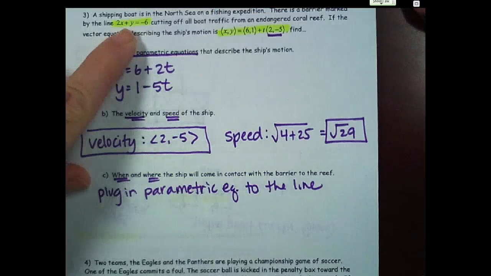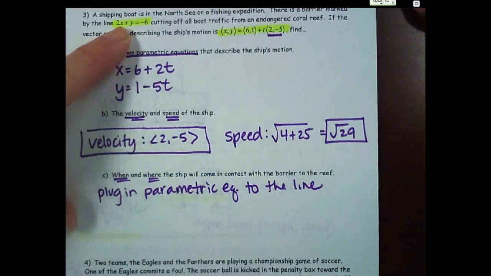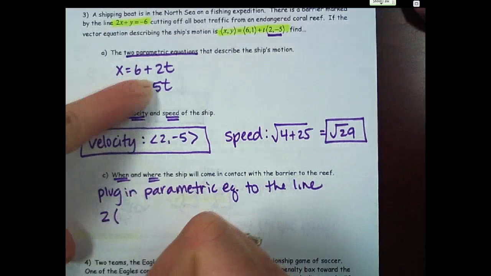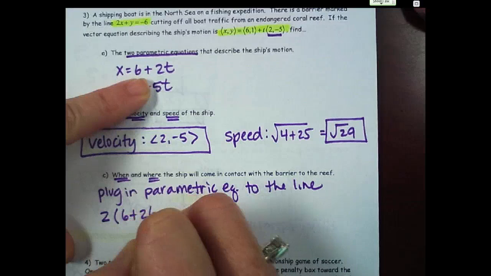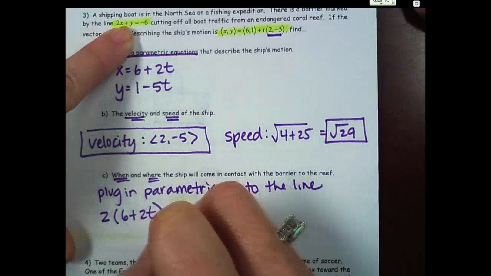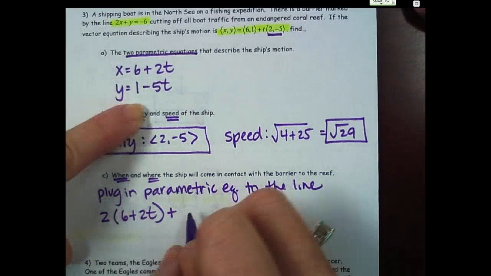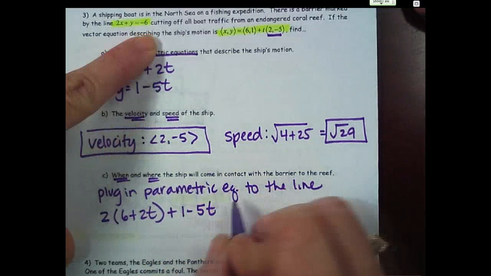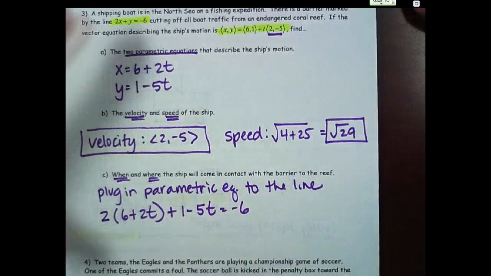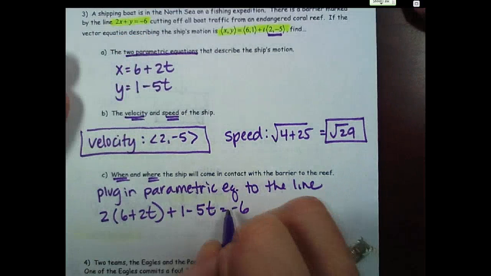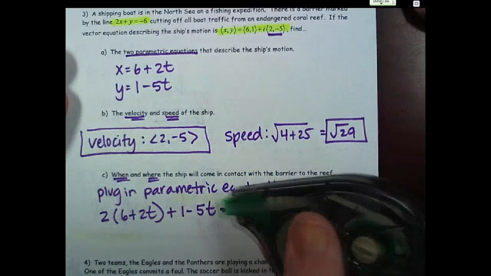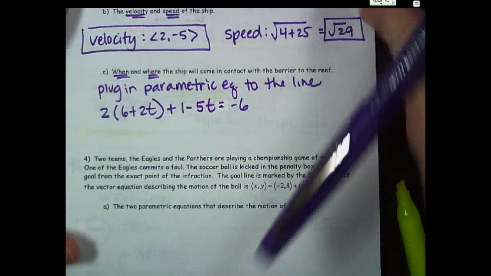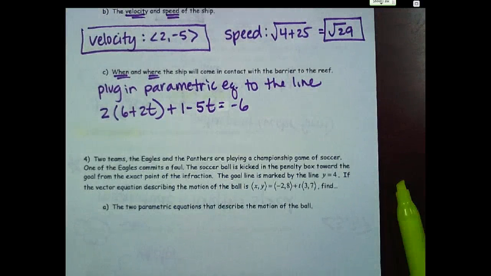Now the line is 2x plus y equals -6. So I want 2 x's. So 2 times, we're going to plug in what x was, which is 6 plus 2t. Then plus y, or y is 1 minus 5t. And it equals -6. What do you think my first step is?